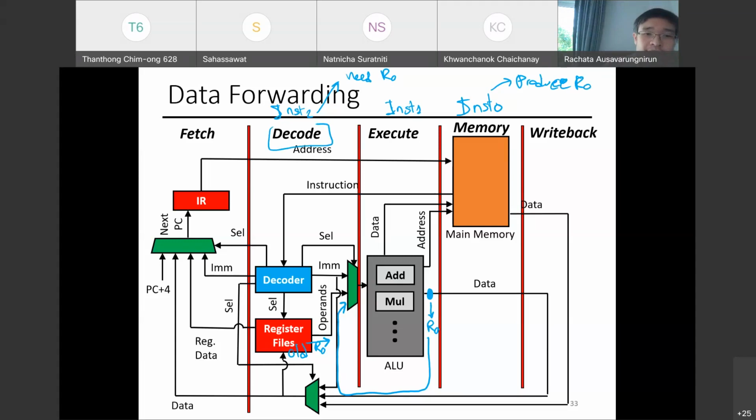When instruction 2 is in decode, R0 is here, in those wires, because you still have that data from instruction 0. So you can forward it here and you select this wire. So basically that's the key behind data forwarding, right? You forward the data whenever that becomes available.